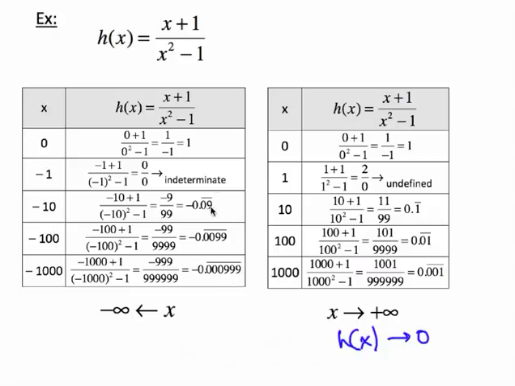They're staying negative, but the absolute value of these is getting smaller. They're getting closer and closer to 0. So again, as x is going to negative infinity, now we're seeing that h of x, again, is going towards 0. Don't get confused by the opposite order of the arrows. I just wanted to emphasize that when x is going to negative infinity, you're moving to the left on the graph.